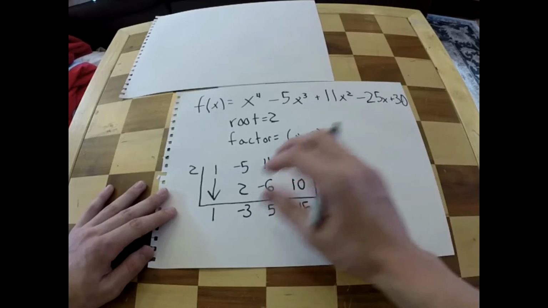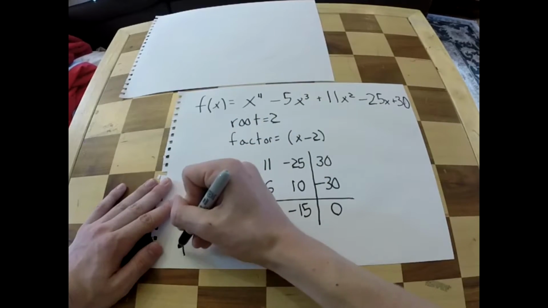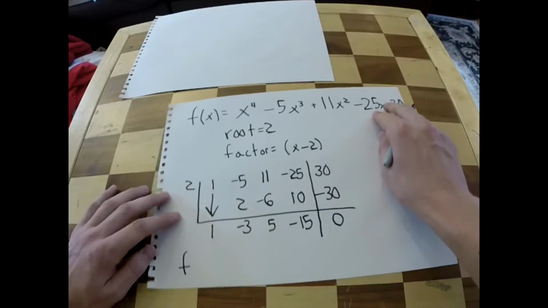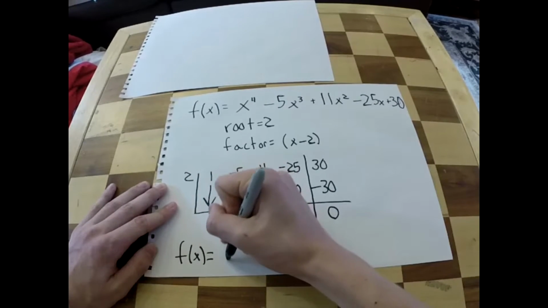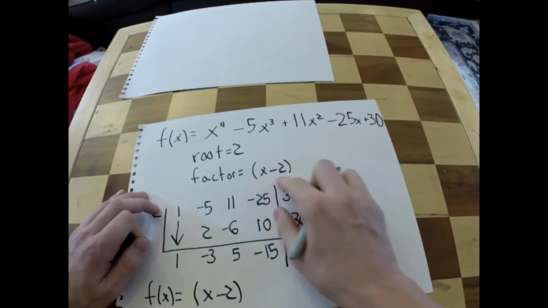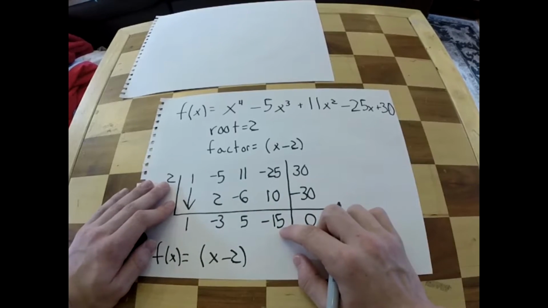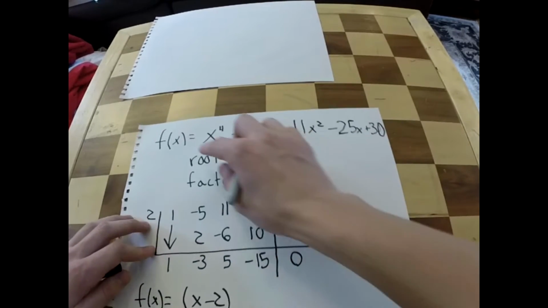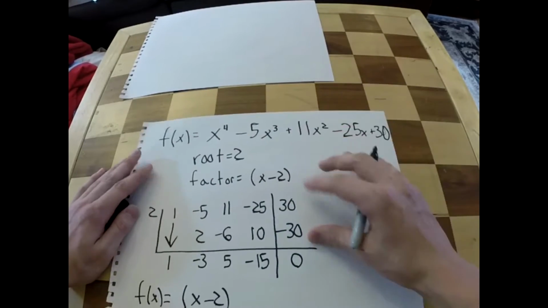Now, the polynomial equation that we got from this now, which is equal to our first equation, is f of x equals, first write in the factor, x minus 2, this factor right here. And then, the polynomial that we just found is going to be 1 degree less than our original polynomial, so that would be cubed is 1 degree less.